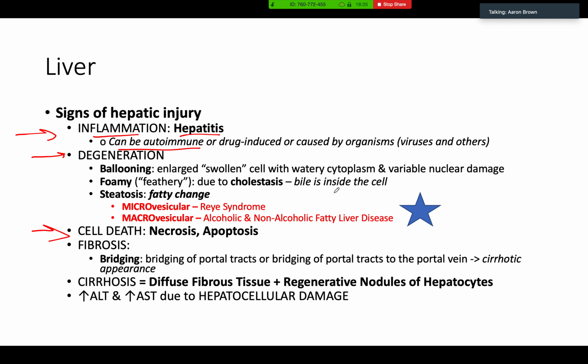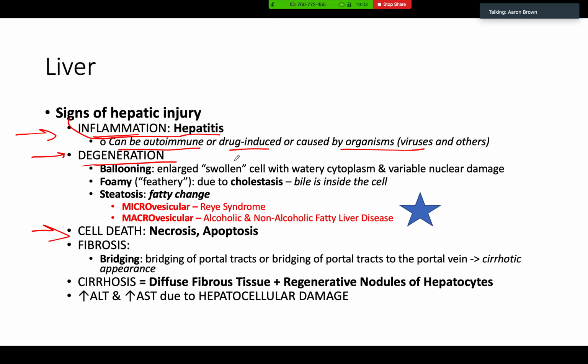So it can be an autoimmune hepatitis, could be drug-induced, could be caused by viruses, could be caused by some sort of weird worm crawling in there, our Entamoeba histolytica, these parasites that grow into our liver. It could be an abscess due to some sort of bacteria, although very rare. That's another possibility too. So those all sort of cause an inflammatory type picture.